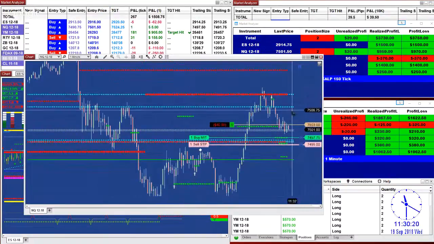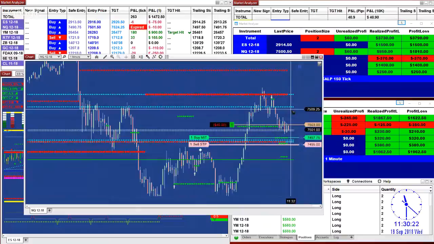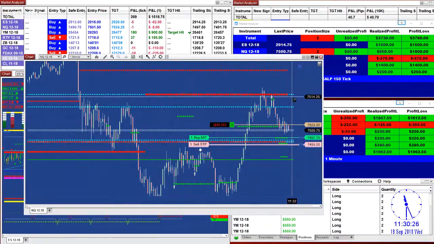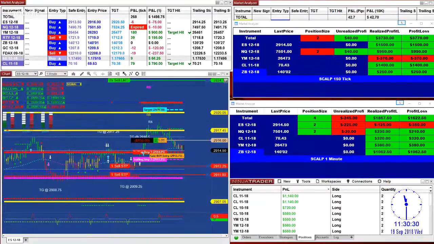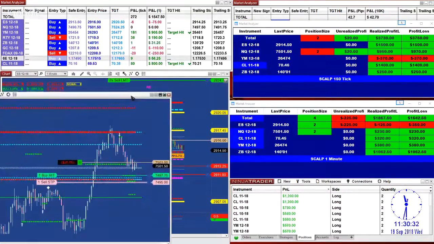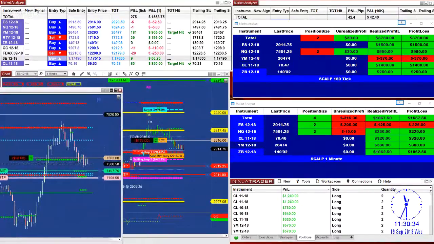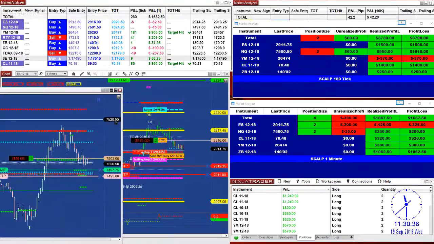You can take the exit at 509.25 or 14.25 exit on those two trades. And I will leave it a little bit here on the side so you can monitor those trades.